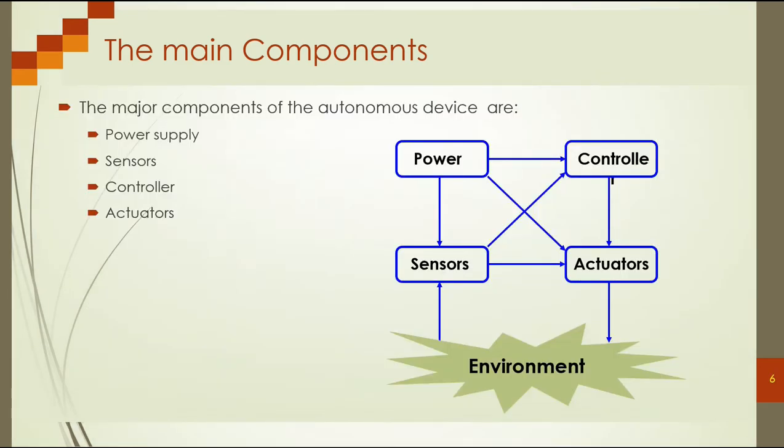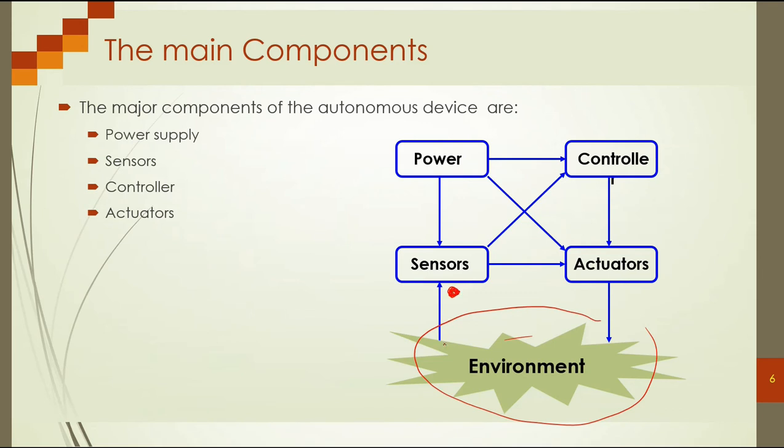Here is the relation between them, how they work together. All of them are related to each other, and also related to the environment. If you see here, only the sensors and actuators. Why sensors and actuators? Because this is the input of the system.